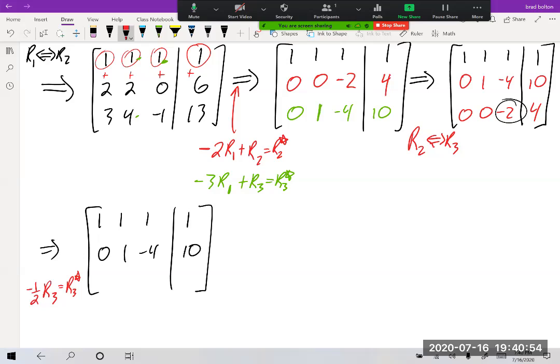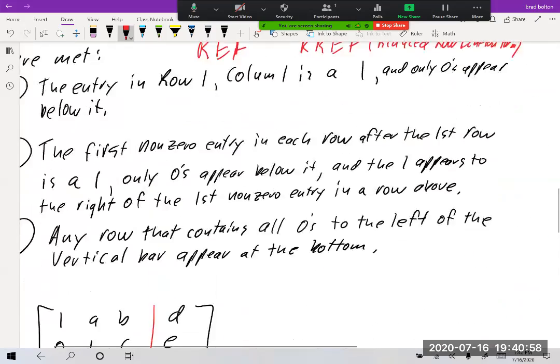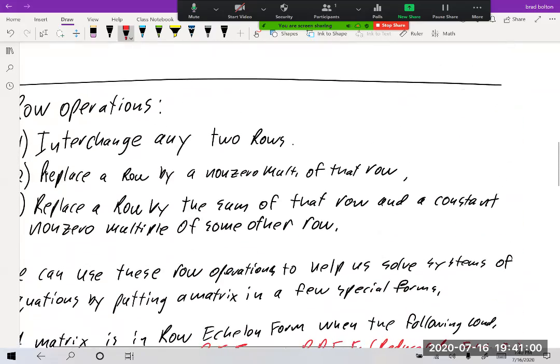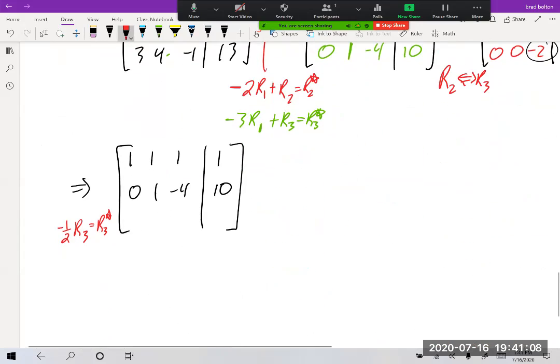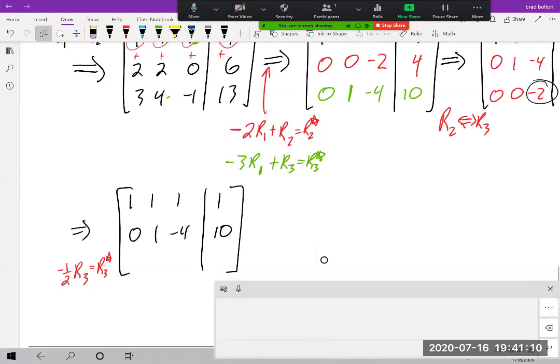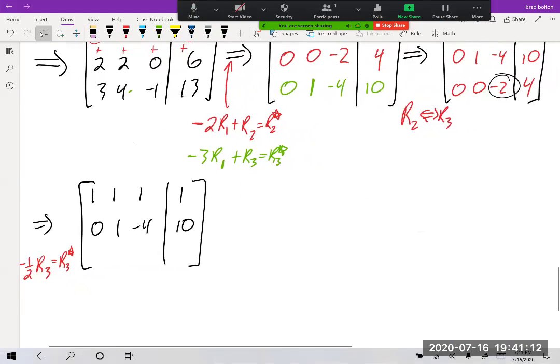Now notice I didn't add anything or subtract anything to row 3, I just multiplied. That's this rule right here. Rule 2, replace a row by a non-zero multiple of that row. So rule 2 right here is what I'm using. So I come back here and I'm going to multiply row 3 by -1/2. So that would be 0, that'd be 0, that'd be 1, and that would be -2.